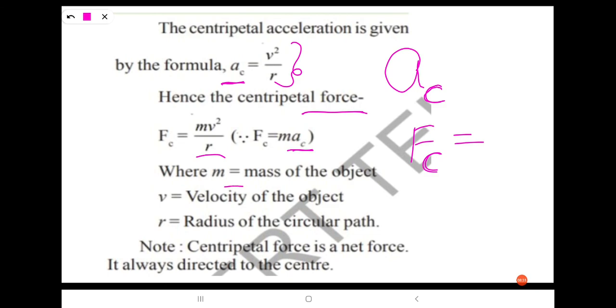Here m is the mass of the object, v is the velocity of the object, and r is the radius of the circular path. One important note: centripetal force is a net force, and it is always directed to the center.